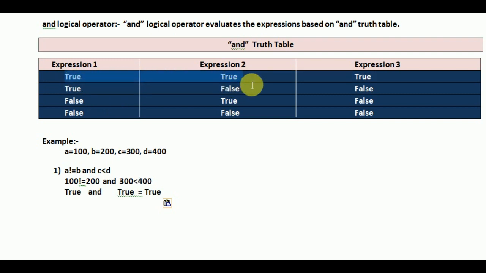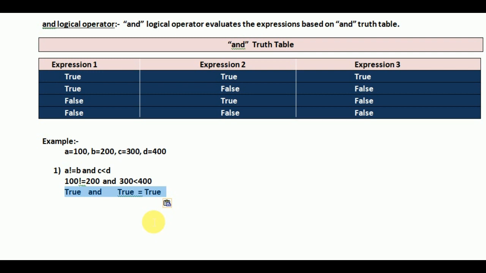So true and true will produce the resultant value true. Here we have the answer true. Same like that, we can apply any number of expressions using the AND truth table.